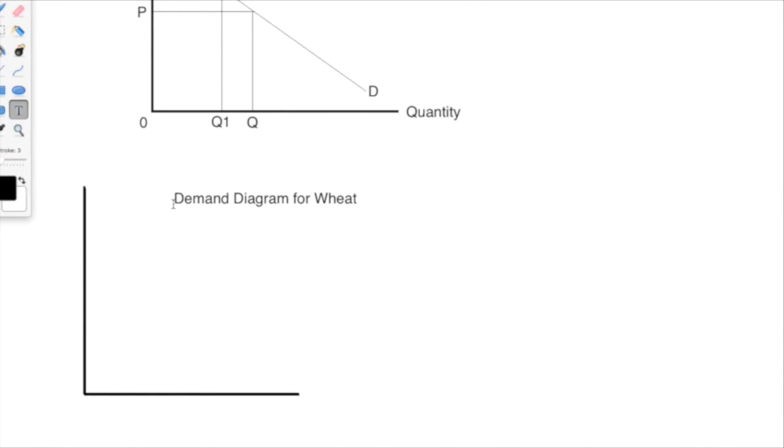And because wheat is such an important commodity, it's going to have a relatively inelastic demand, because a large change in price will cause a really minor change in demand, because we all need wheat.